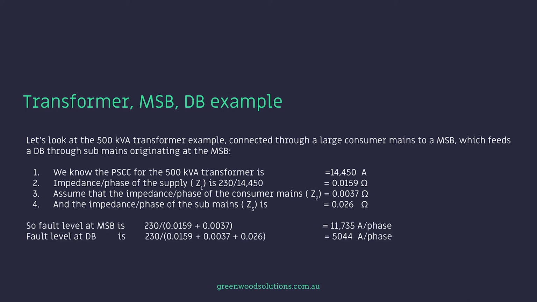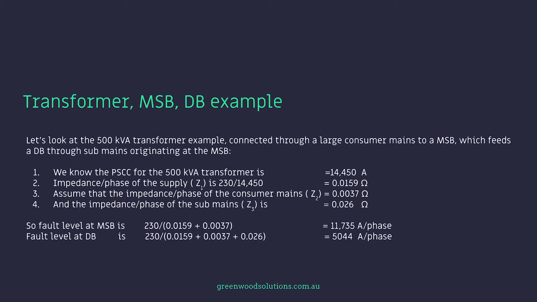So the fault level at the MSB is 230 volts divided by, in brackets, the impedance of Z1, 0.0159, plus the impedance of Z2, 0.0037, and that equals 11,735 amps per phase.